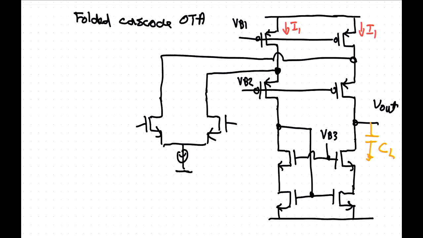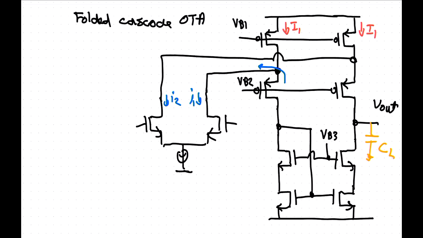Okay. So the way that this works is that the current that flows in the two branches here, let's say I1 there and I2. The small signal current can't flow down here.